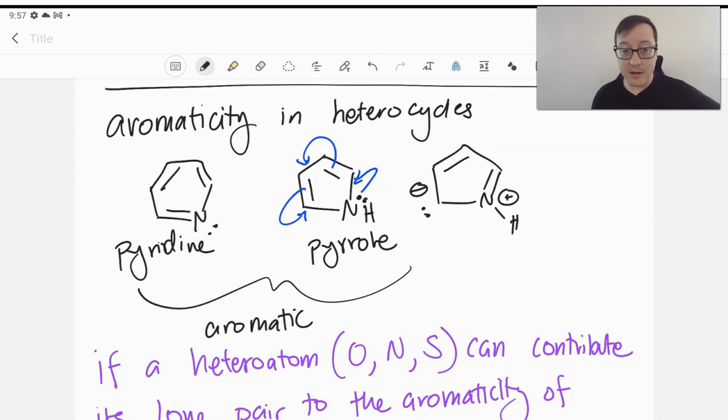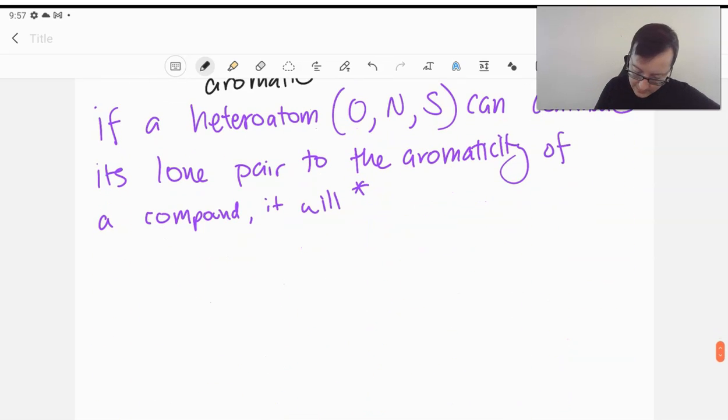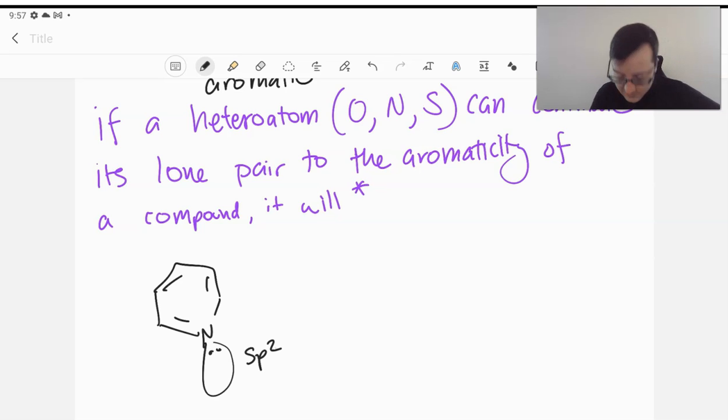In the case of pyridine, we have to understand that it's already aromatic as it is. So it doesn't make sense for the lone pair to contribute, because at that point it would become anti-aromatic if it tried to do that. But it also can't, because if we take a closer look at pyridine, we see that this is already an sp2 orbital. It can't rehybridize itself.